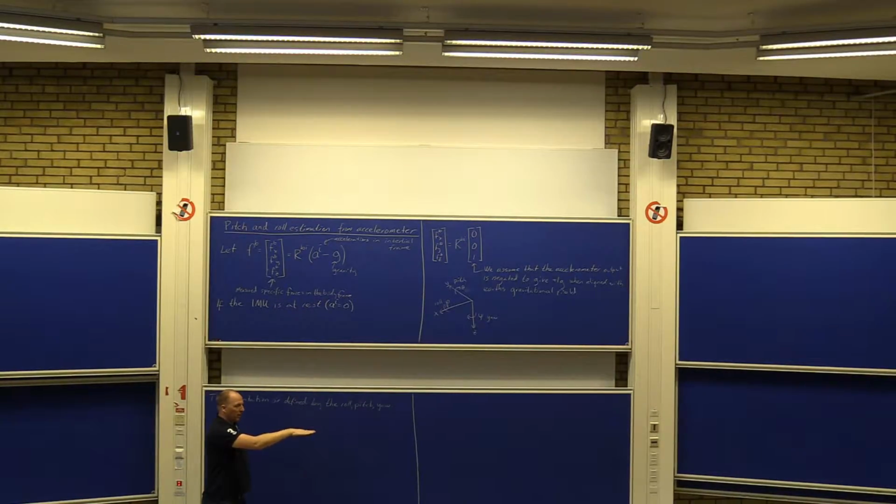But if we instead start by doing the pitch first and then the roll, we'll go like that. So the order is important, and then you have these different Euler angles that you have to worry about. So you have to set up in which order you do the roll, pitch and yaw.